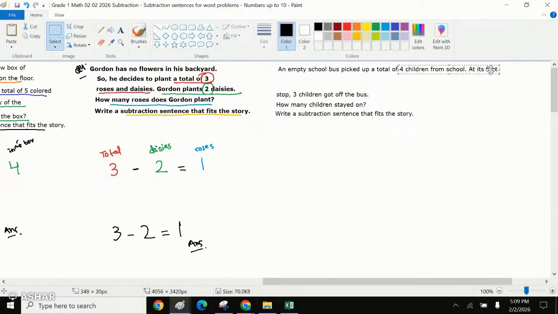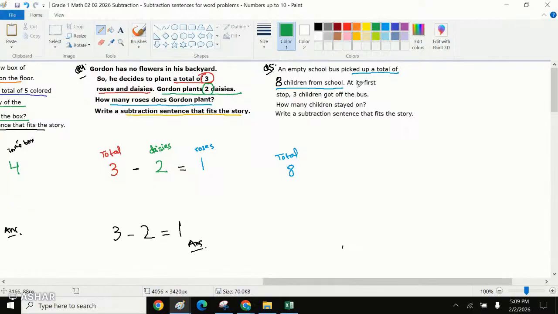It's not 4, I'll change the number 4. Picked up a total of 8. Question number 5 says an empty school bus picked up a total of 8 children from the school. So we know that total was 8.